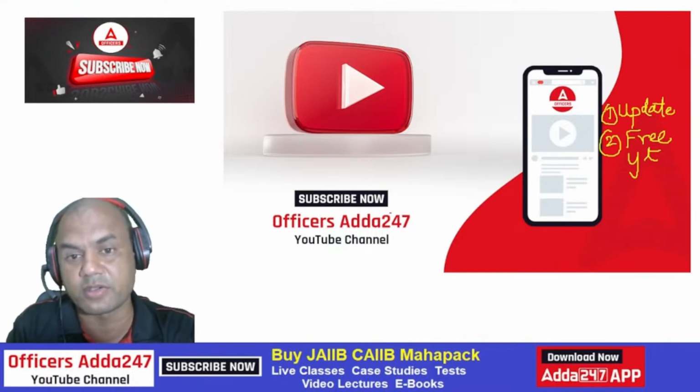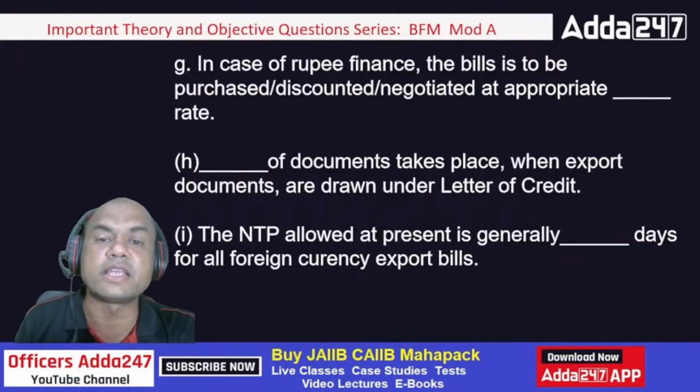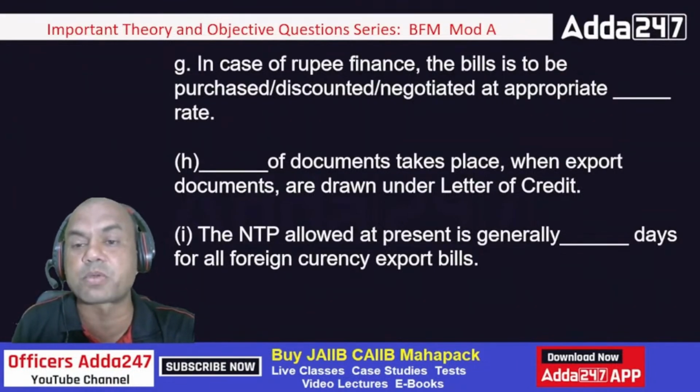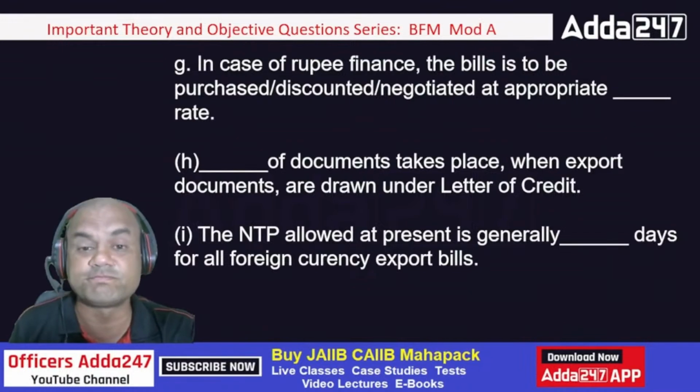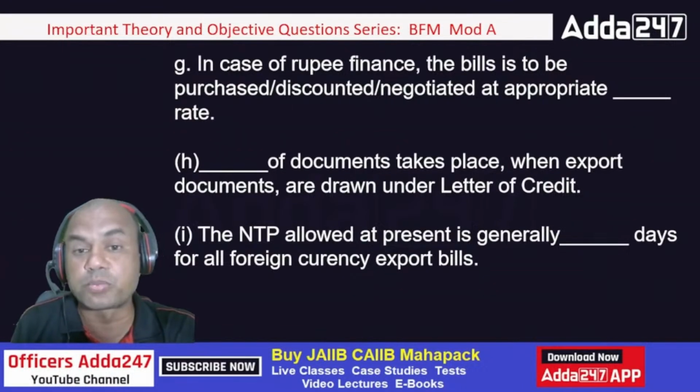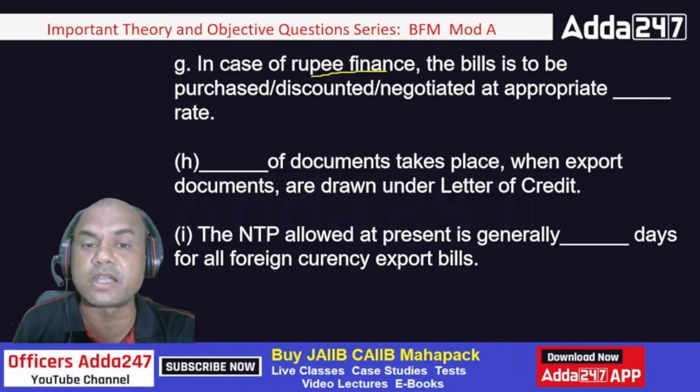In case of Rupee Finance, the bill is to be purchased, discounted, or negotiated at the appropriate dash rate. What is this rate? See, I am doing Rupee Finance. So the bill is to be purchased, discounted. Now, what are all these names? I'll just cover them in short. Purchased is always for sight.